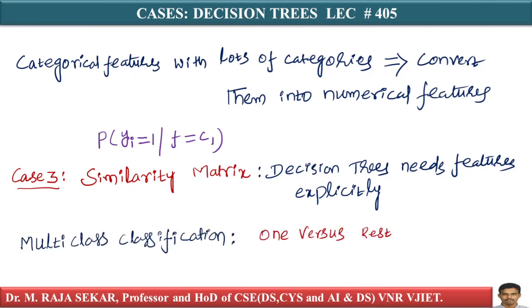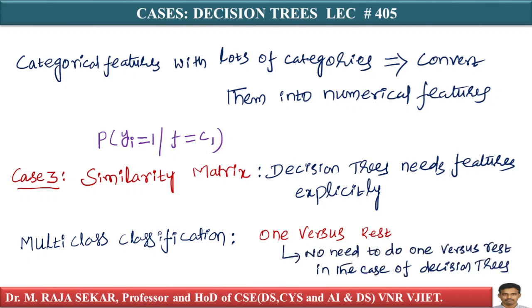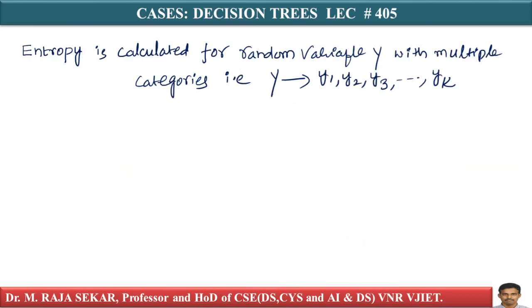And what if you wanted to do multi-class classification? Of course, you always have one versus rest, but you don't have to do one versus rest in the case of decision trees. Because entropy is calculated for random variable y, even if it has multiple categories y1, y2, y3, and so on up to yk.